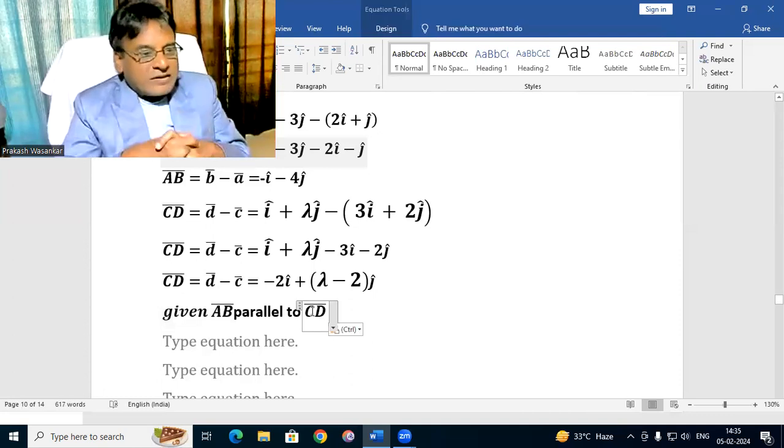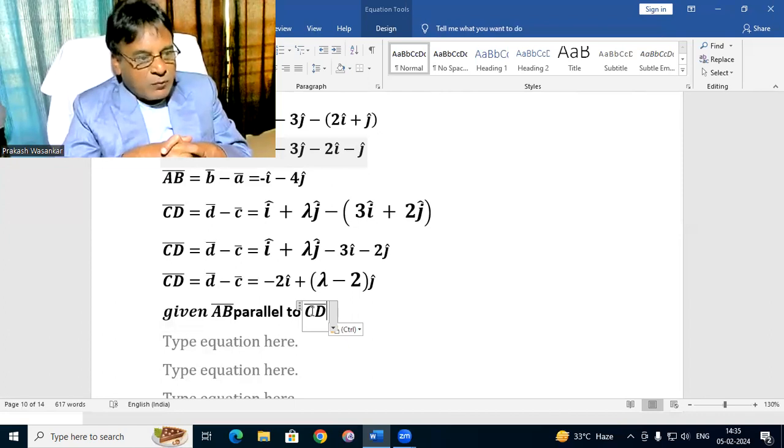And when the two vectors are parallel, then their DRs, that is the direction ratios, are proportional.